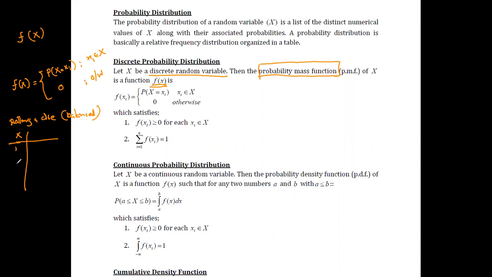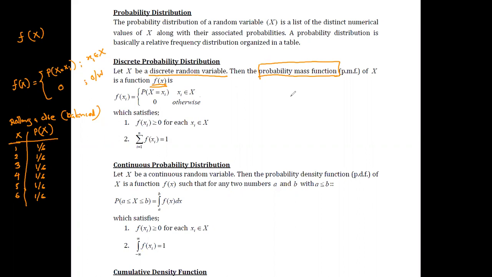Since the die has 6 sides, the numbers on the die are 1 to 6, and the probability of obtaining 1 is 1 over 6, 2 is again 1 over 6, and so on. In this way, you may have the probability values. This is the tabulated form we have.